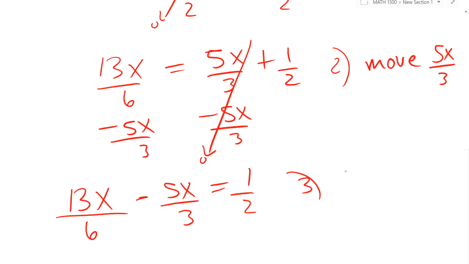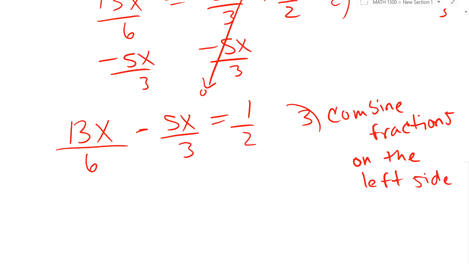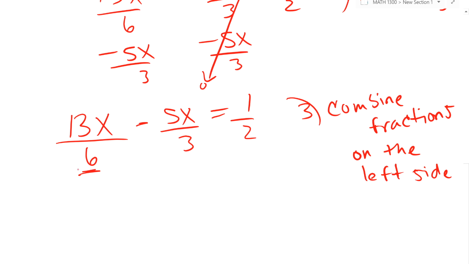And so now, third thing that you need to do is combine your fractions on the left side. And so we need to figure out the common denominator first, and then in order to combine them. And so what is the common denominator here? It would be 6.